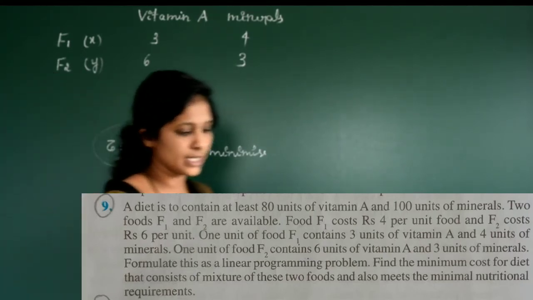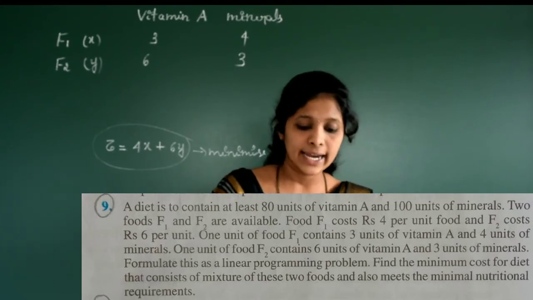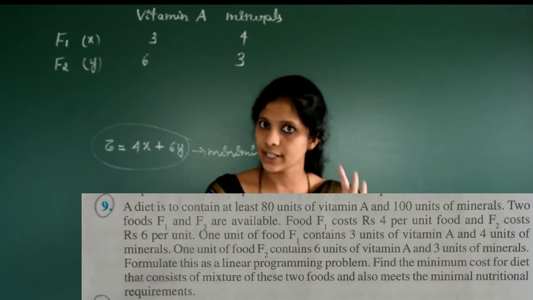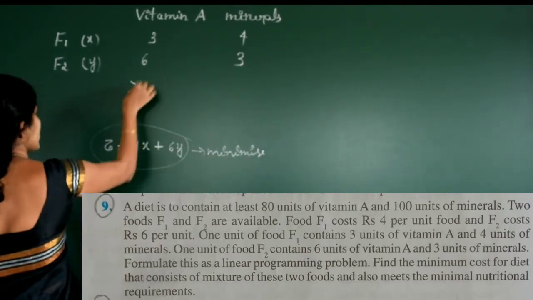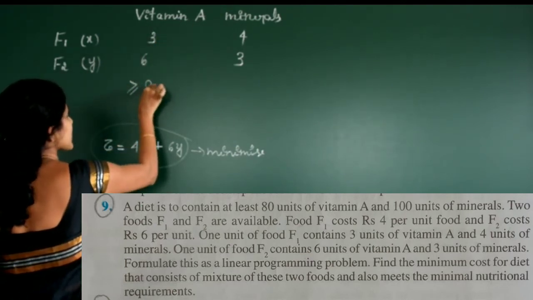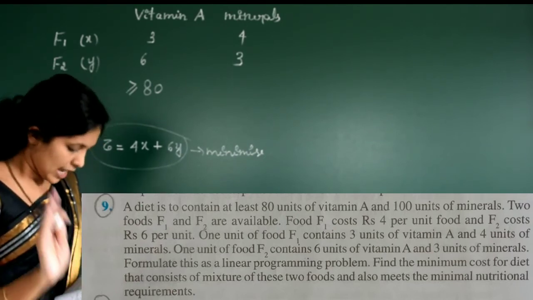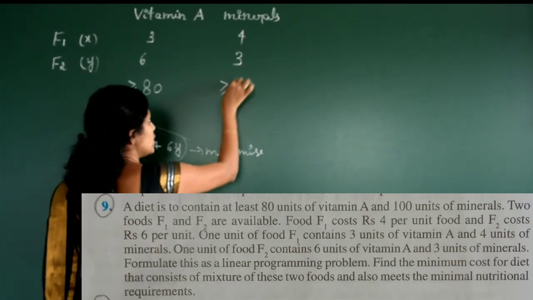Here, see, in the beginning it is given that our diet is to contain at least 80 units of vitamin A. At least means always greater than or equal to 80 units of vitamin A. Either it is equal to 80 or more than 80. And 100 units of minerals, so this should be greater than or equal to 100.